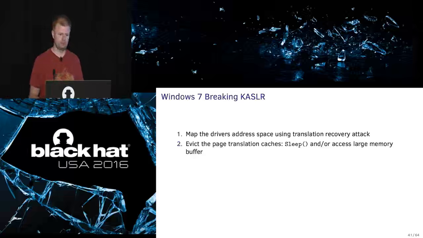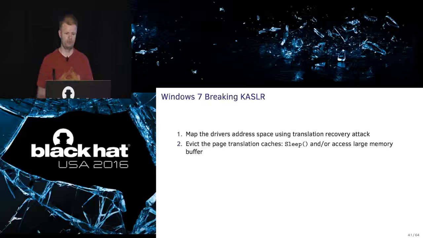Another and faster way is to access a lot of memory in a large, otherwise irrelevant buffer. Since we're accessing a lot of memory, it will be optimal for the CPU to have these addresses in the translation caches, and this means that all the kernel modules and drivers will be removed from these caches.